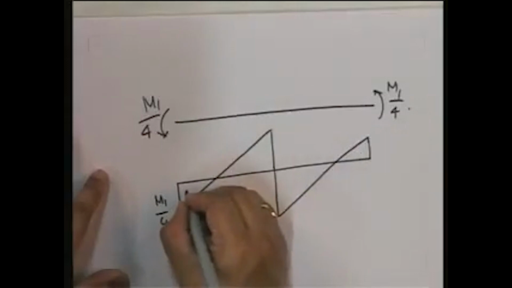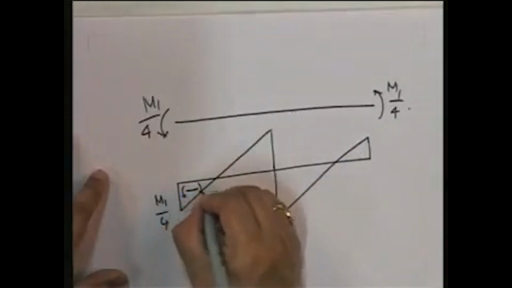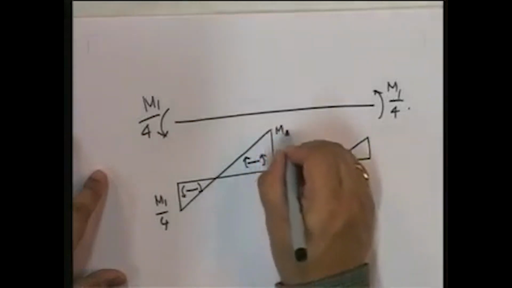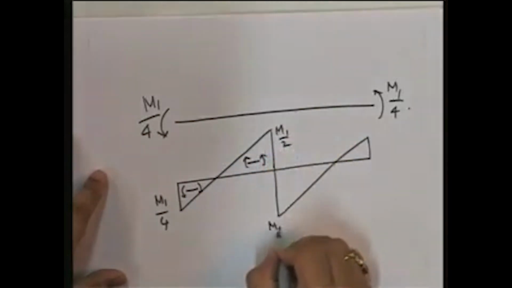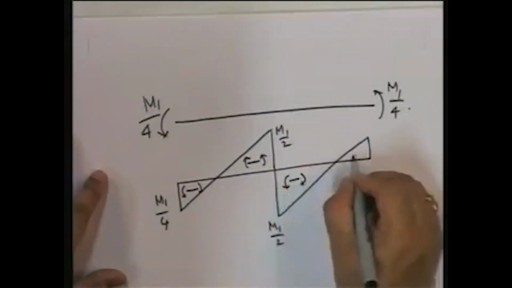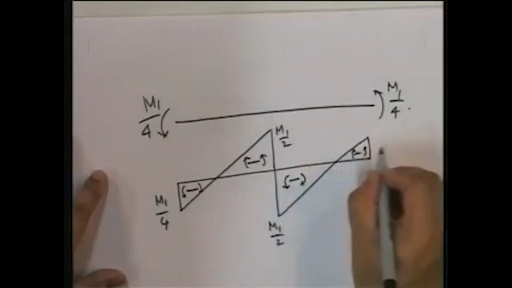I'll leave that as an exercise for you, where this is M1 upon 2, this is M1 upon 2, this is this way, and this is this way.